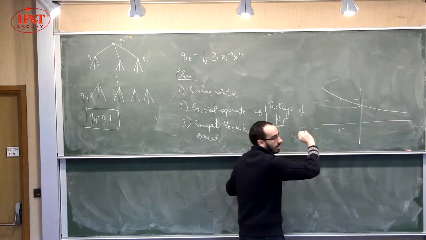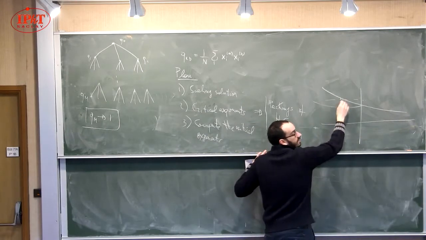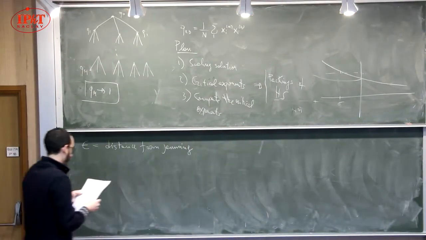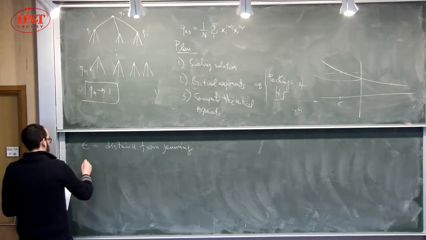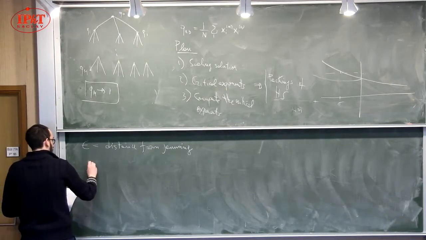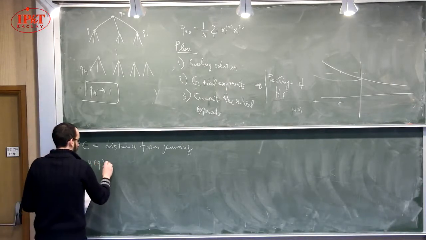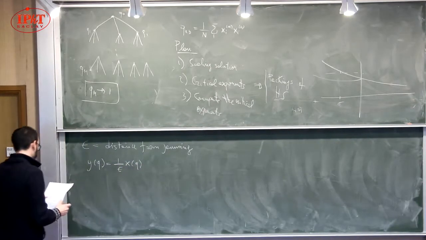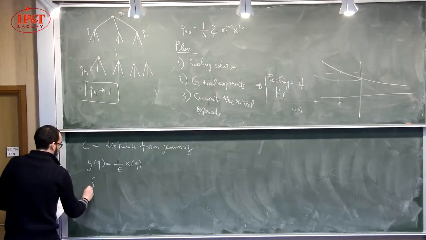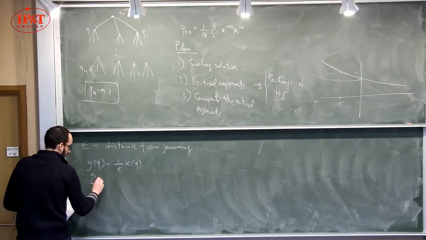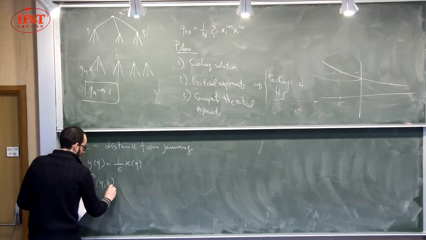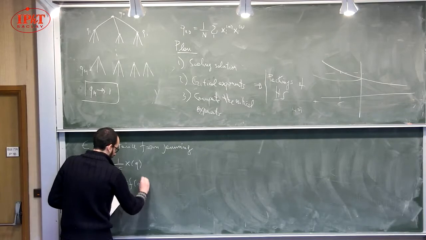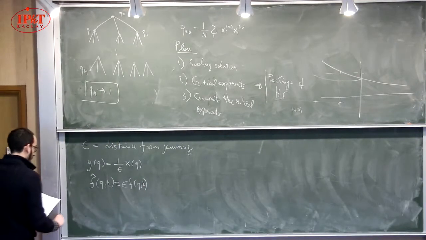So it's just the relative distance from the jamming point. And now what we do is that we introduce some scaling variables. So we have epsilon of q, and then we introduce f hat, so this is epsilon f, and then we have lambda hat.